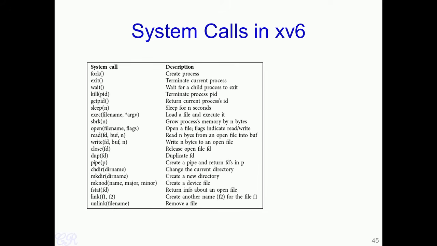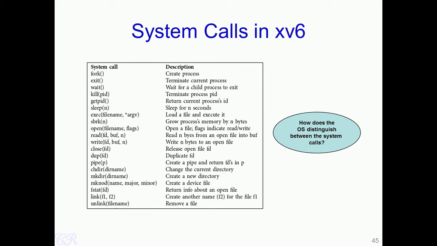Now, the next obvious question that one would ask is, from the OS perspective, how does the OS distinguish between the various system calls? We mentioned that all these system calls will use either INT 64 for XV6 or INT 128 for Linux.